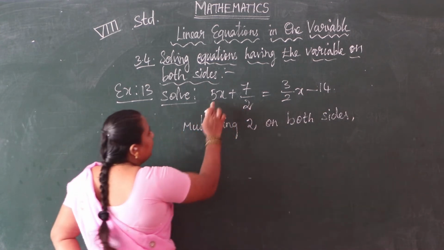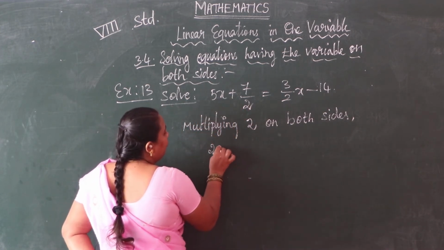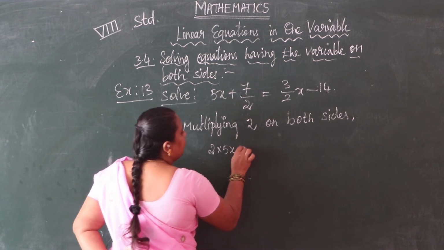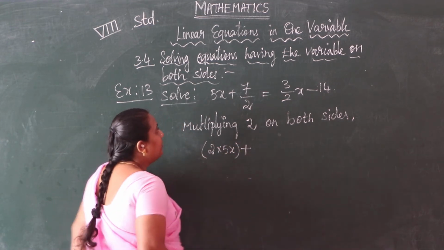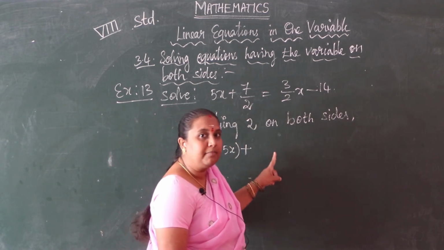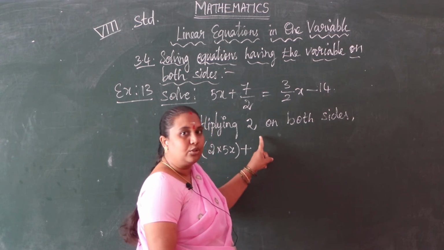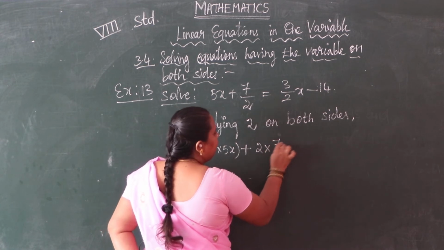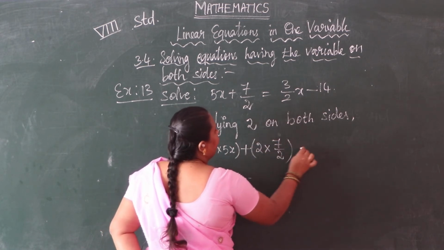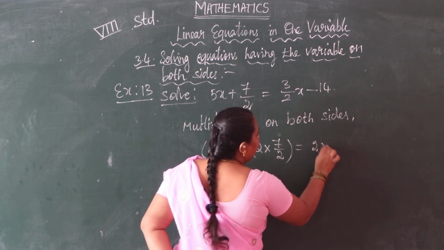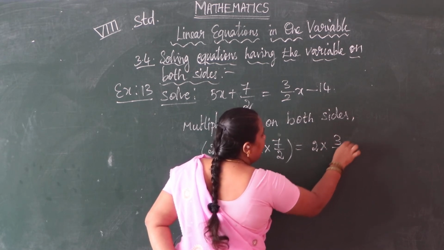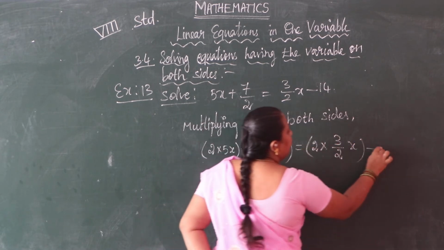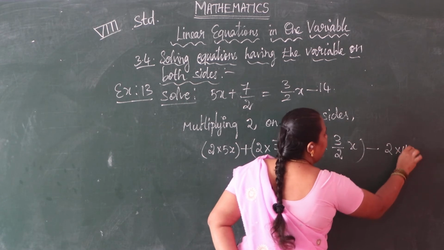See here, that is 2 into 5x plus, keep in your mind, each and every term should be multiplied by 2, plus 2 into 7 by 2 equals 2 into 3 by 2 into x minus 2 into 14.